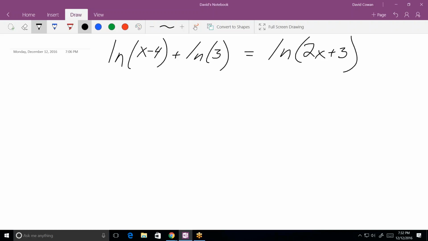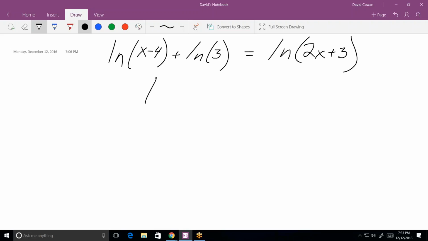Whenever you see multiple log statements like this, separated by either a plus sign or a minus sign, you can compress them into a single log statement. I don't mean all three, but just everything on the left side of the equation.